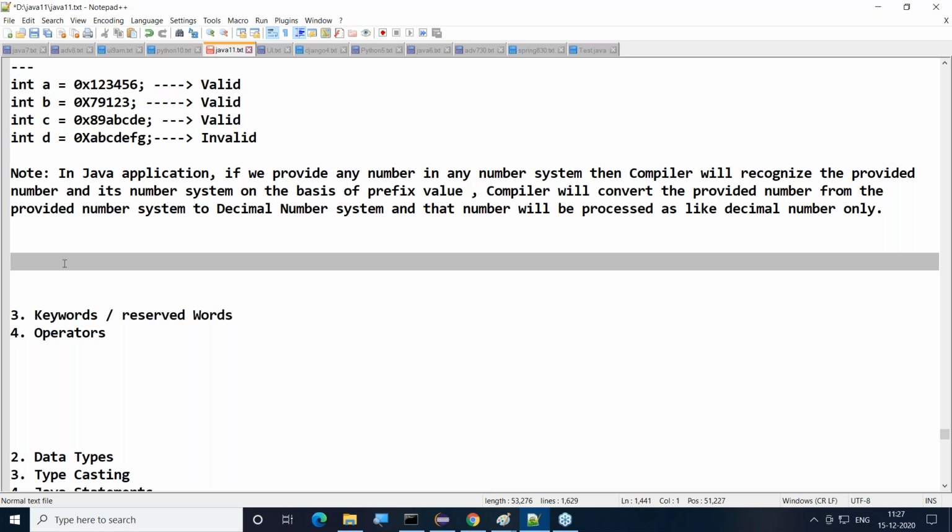Next one, octal number system: 0 to 7, that is 0, 1, 2, 3, 4, 5, 6, 7.